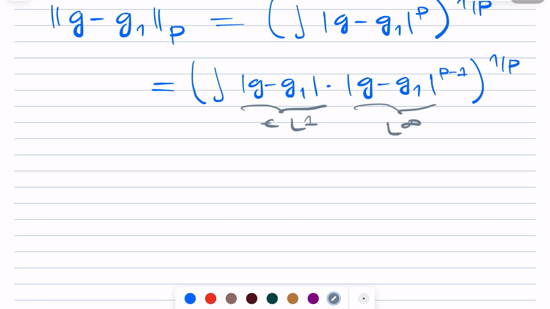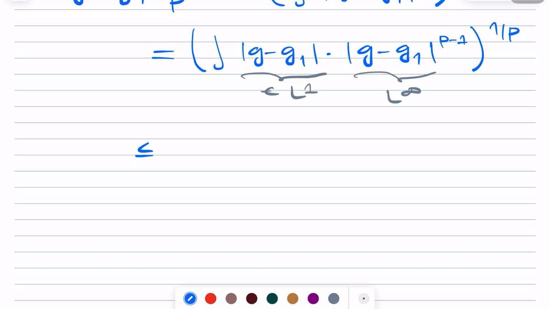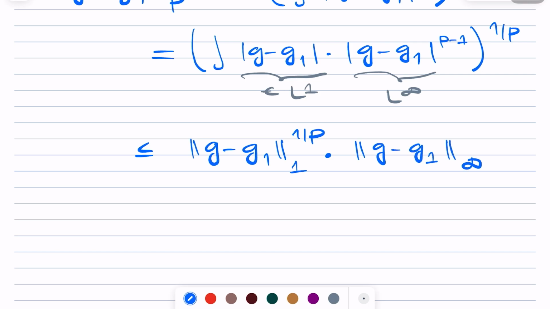So if you apply Hölder's inequality, you get that this is less than or equal to the norm of g minus g1, the norm 1, to the power 1 over p, times the norm of g minus g1, norm infinity, to the power p minus 1 over p.